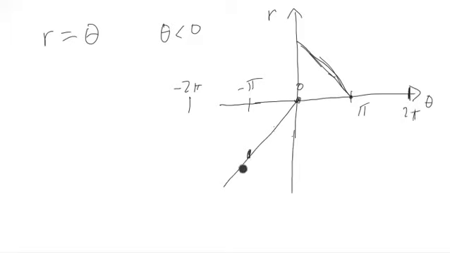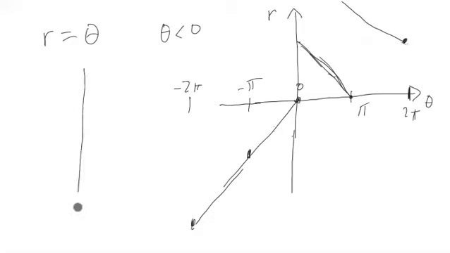So the positive of this part, reflected up, is going to look like something from here to here going up. Now, notice that this is at 2 pi, which is the same as 0, so these guys actually match up.